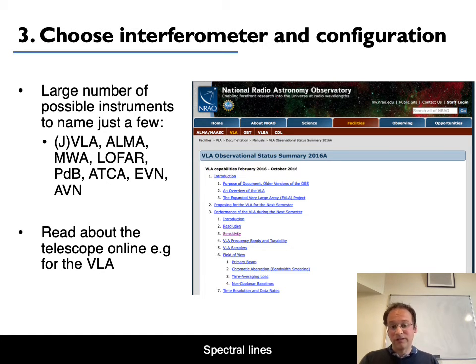So obviously, to get information about the sort of telescope that you should be using, you want to use, again, the online resources available to you. These facilities have a lot of good web pages where you can learn a lot about each individual telescope to understand whether it's suitable for your proposed observations.